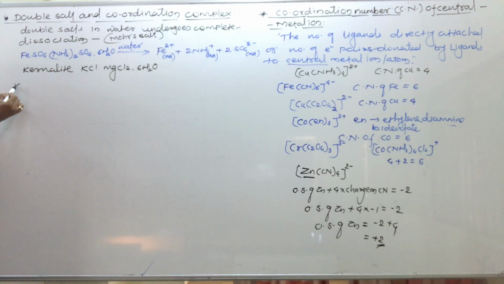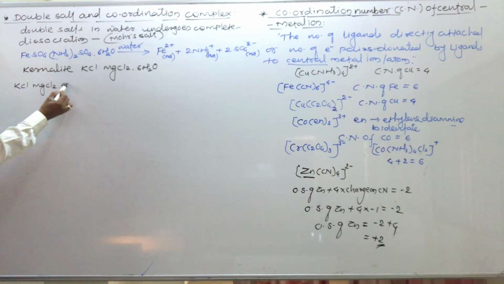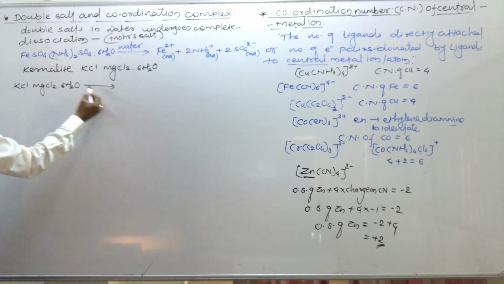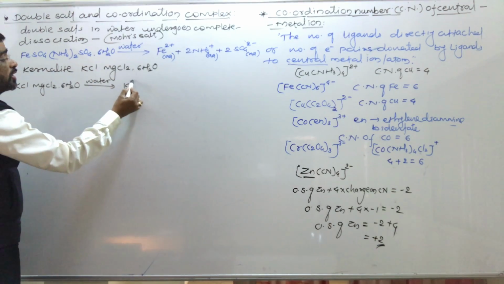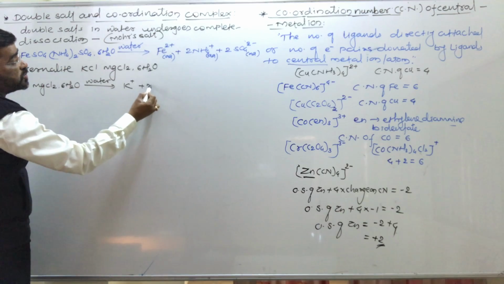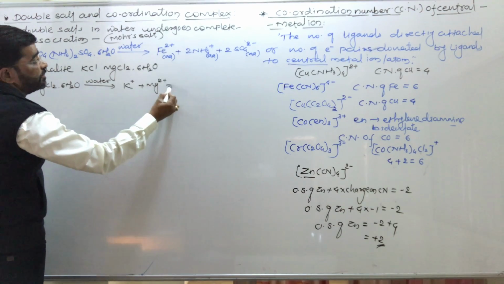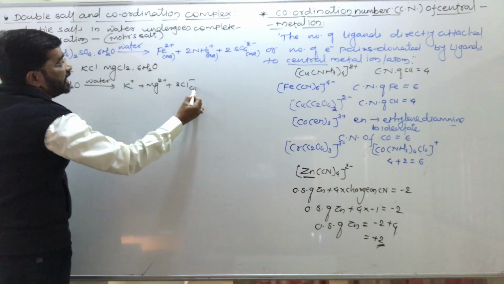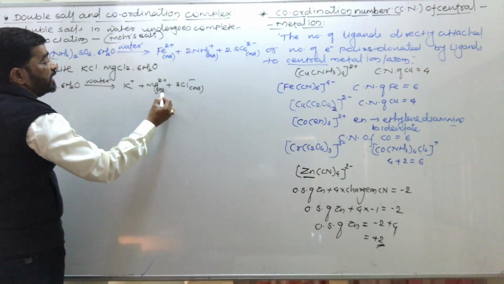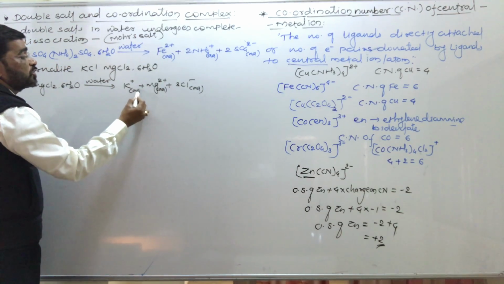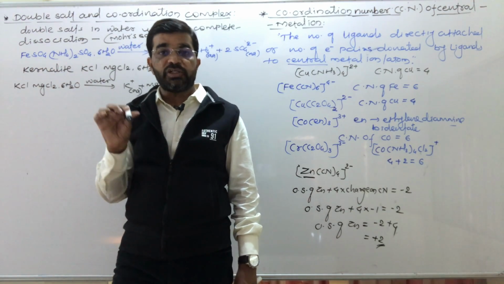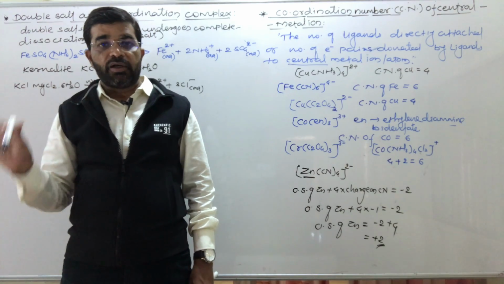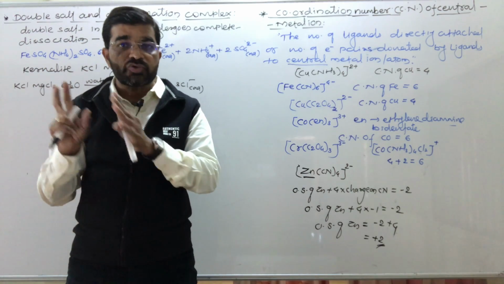Now you see this KCl·MgCl2·6H2O added in excess of water, then there will be formation of K+ ion plus Mg2+ ion plus 3Cl- ion in aqueous state. So there is complete dissociation of this carnallite, or potassium magnesium chloride containing 6 moles of water. So it is a double salt.